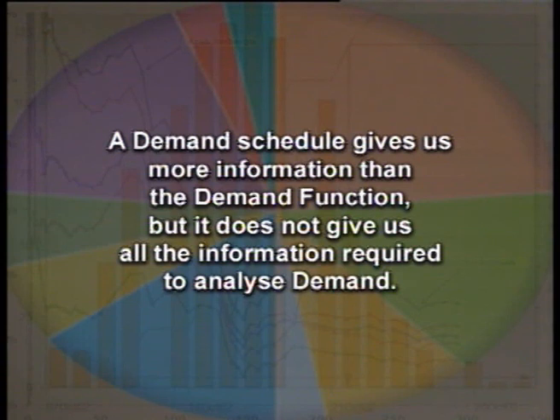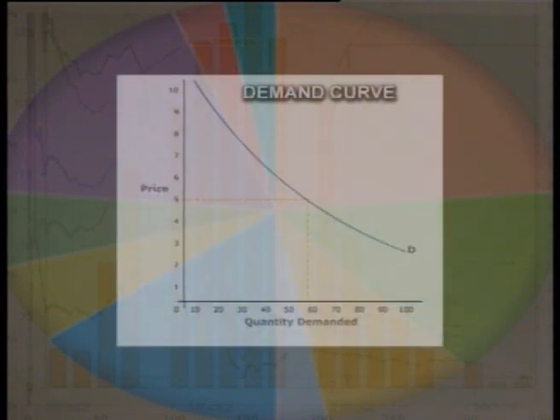On the other hand, a demand curve is a graphical representation of the relationship between prices and quantities, and it not only shows us the quantities that are purchased at different prices, but it also tells us the ruling price in the market, the existing price in the market. Therefore, it gives us much more information than the previous two forms of expressing the demand relationship.